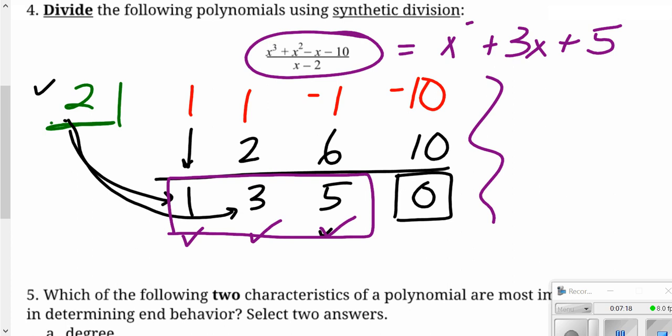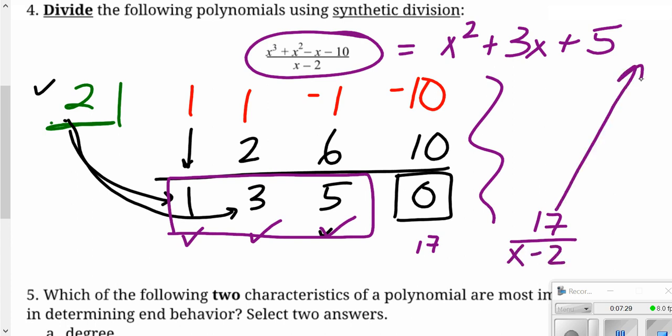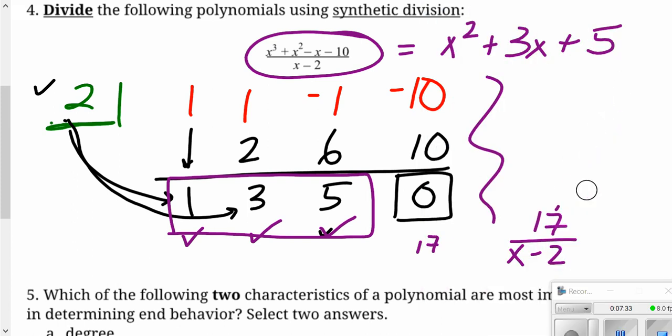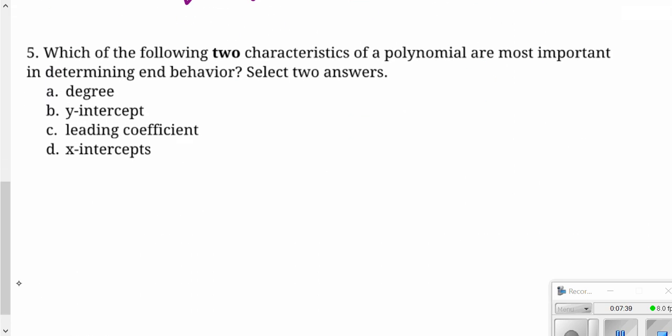If my remainder were not 0, like say this had been 17, then I would have 17 over x minus 2 as a term right at the end there. Now that's not what happened, but I just wanted to mention that in case it happens on a different question.